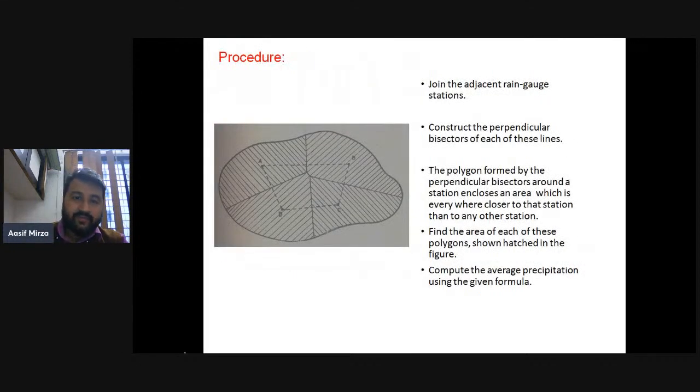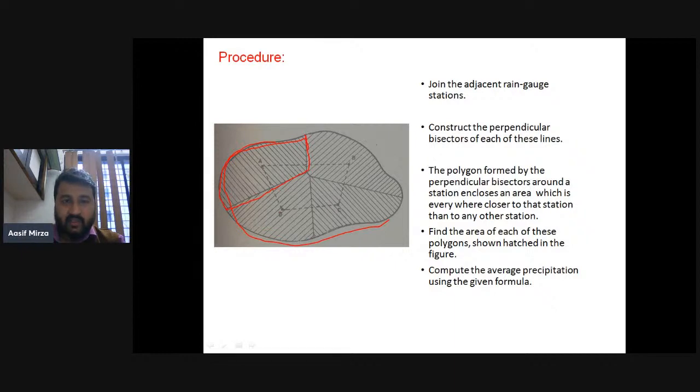Suppose we have this much area, and we have provided station A, station B, station C, and station D. Station A is responsible for collecting the rainfall of this much area.